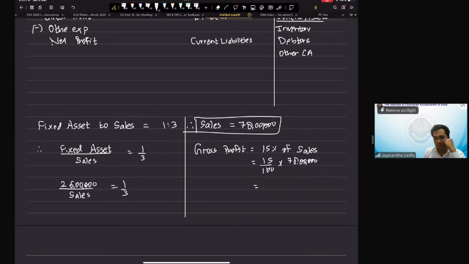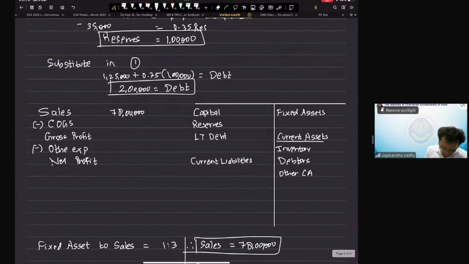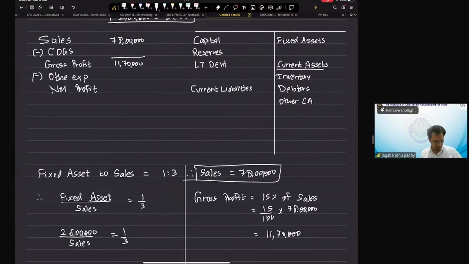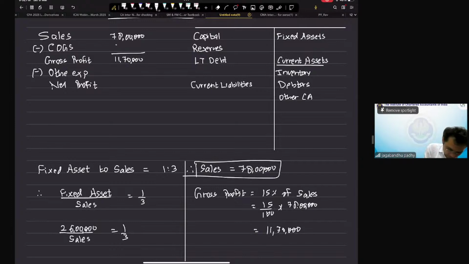How much is gross profit? 78 lakh into 15%, which is 11 lakh 70,000. Gross profit is 11 lakh 70,000. What is COGS? Sales minus gross profit, 78 lakh minus 11 lakh 70,000, which is 66 lakh 30,000 as the balancing figure.